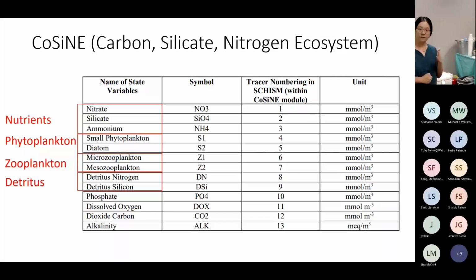For nutrients, we have nitrate, silicate, and ammonia. For phytoplankton, we have 2 groups, small phytoplankton and diatom. The difference between the 2 is only that the diatom consumes silicate and the other one doesn't. For zooplankton, the microzooplankton grazes on small phytoplankton, and the mesozooplankton grazes on diatom.